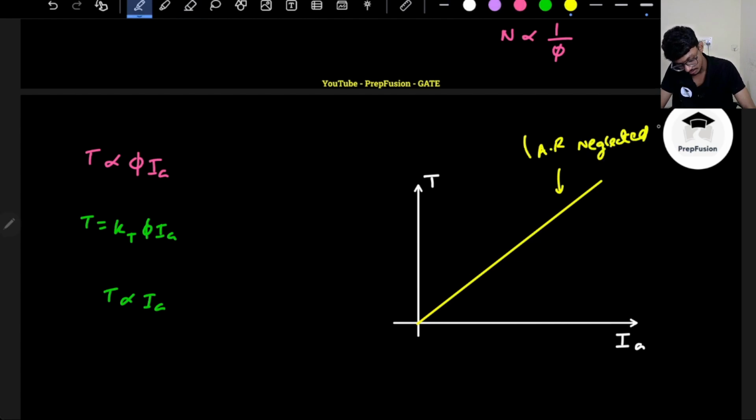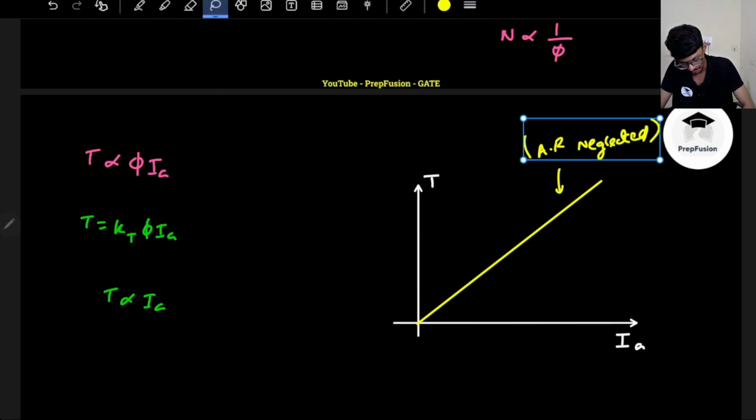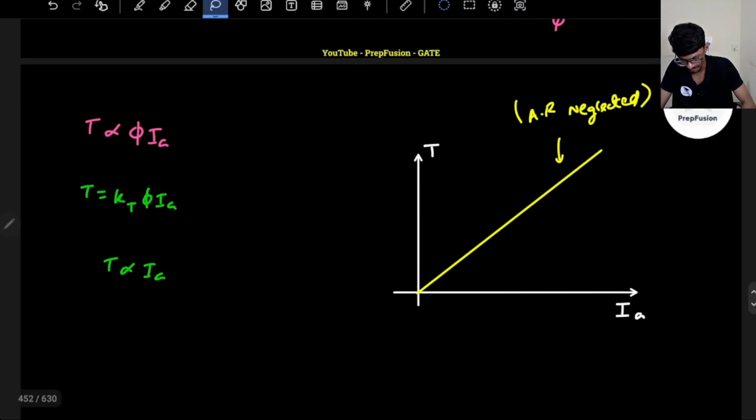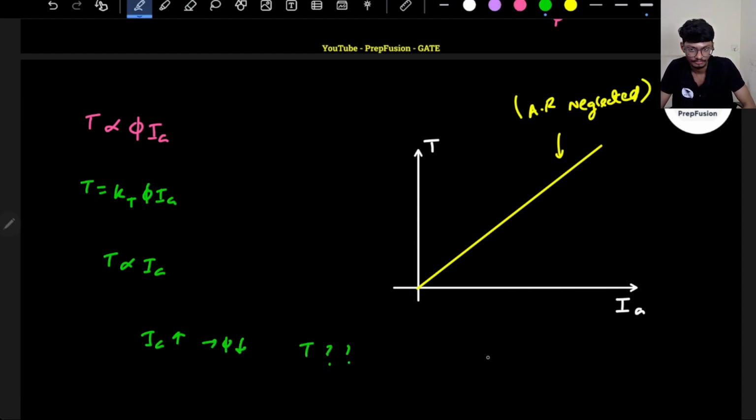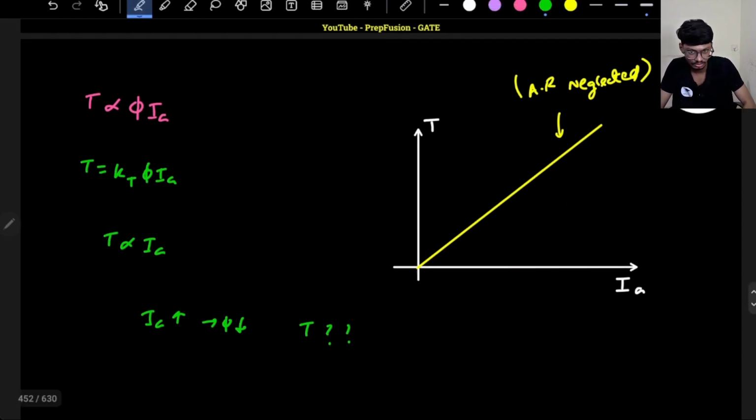Now if I consider armature reaction, then if my Ia increases, the flux will reduce. So what will happen to torque? At lighter loads, torque will not change much because Ia is small, so the reduction in phi also will be small.